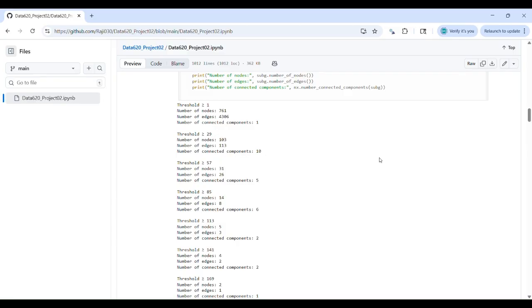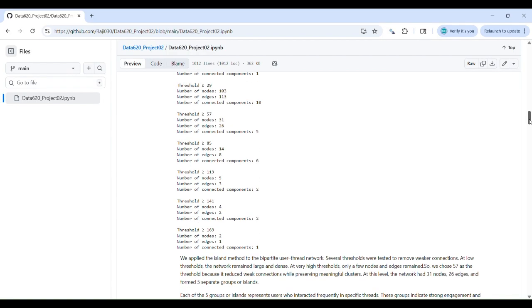And at threshold 57 we got 31 nodes and 26 edges, and the number of connected components is 5 here. And there are also other thresholds like equal to or greater than 85, 113, 141, and 169.